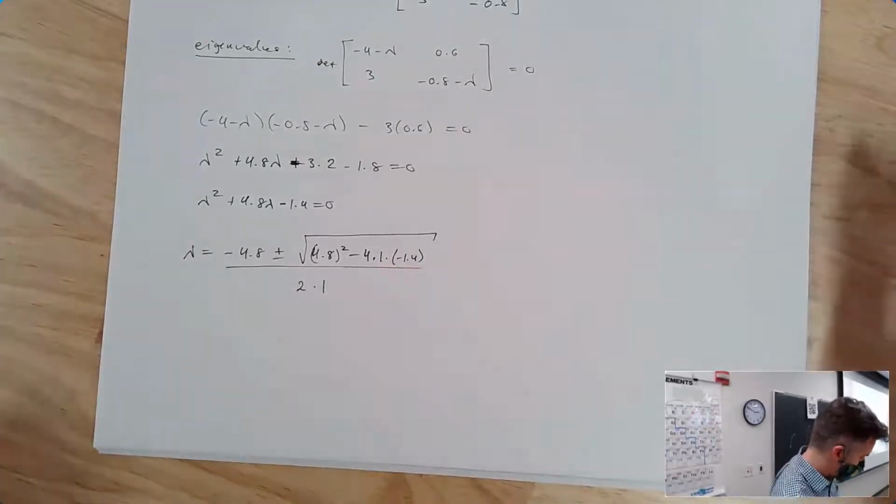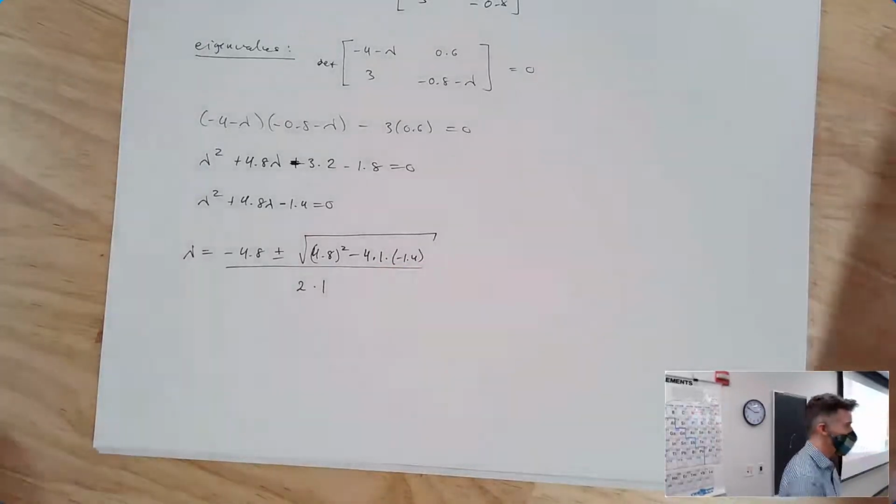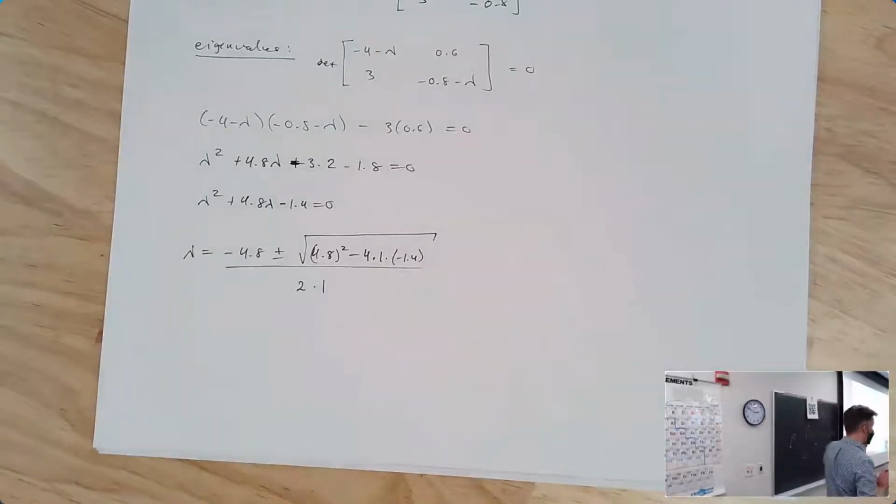All right, so we have to decide. I don't want to do any more work here. The better point: are my eigenvalues real or complex? Well, look at the square root. Is the stuff inside there positive or negative?